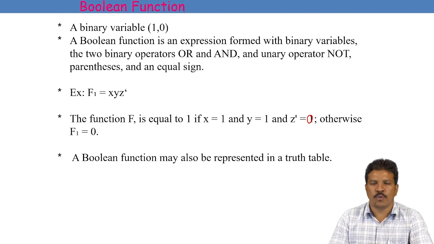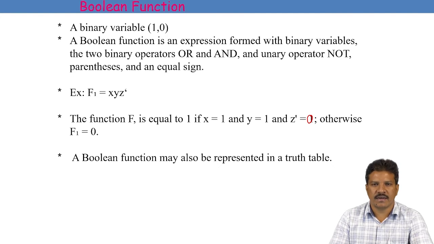Generally, the Boolean function output gives two possibilities, either 0 or 1. A Boolean function represented with Boolean expressions and operators is one way. The Boolean function may also be represented in a truth table. In this truth table, we take the input columns and the output column.